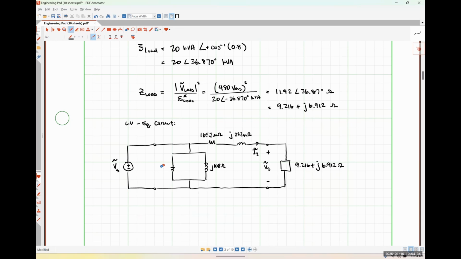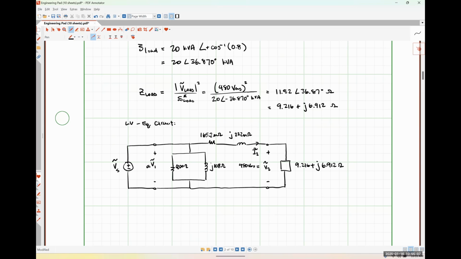What we're trying to find, let me just scooch this 900 over, my apologies, is the voltage for our source, which would be A times V1. And we know that this guy right here is 480 volts RMS.